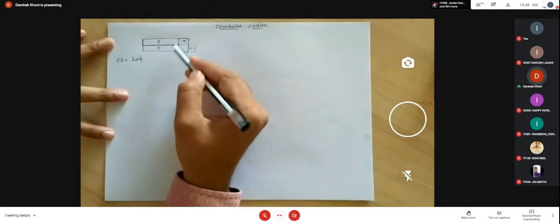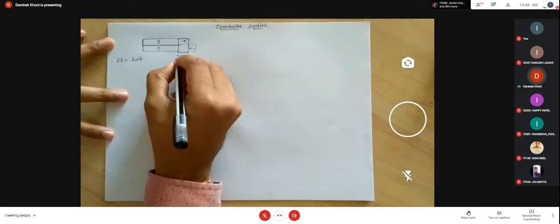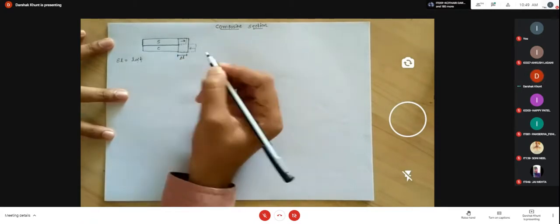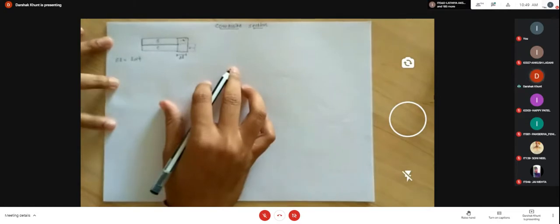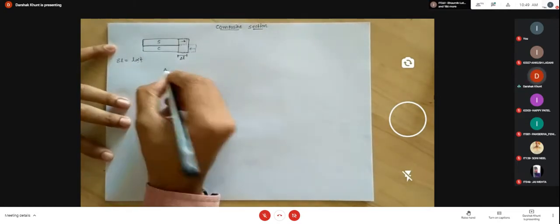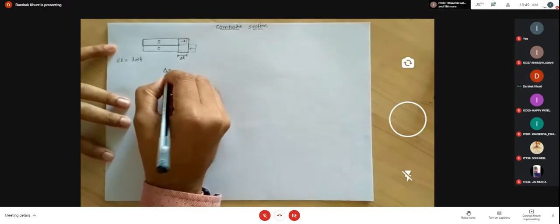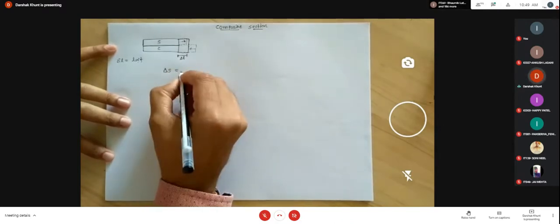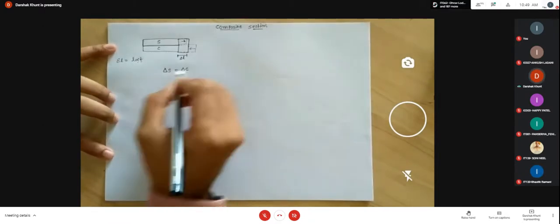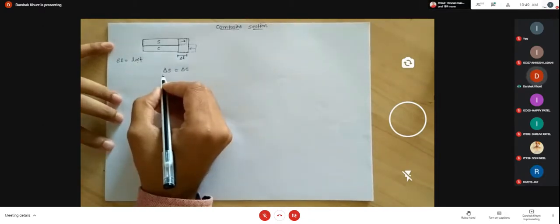Because both materials are combined together, the change in length for both materials is the same under the effect of temperature variation. So we say that the change in the steel section is equal to the change in the copper section.